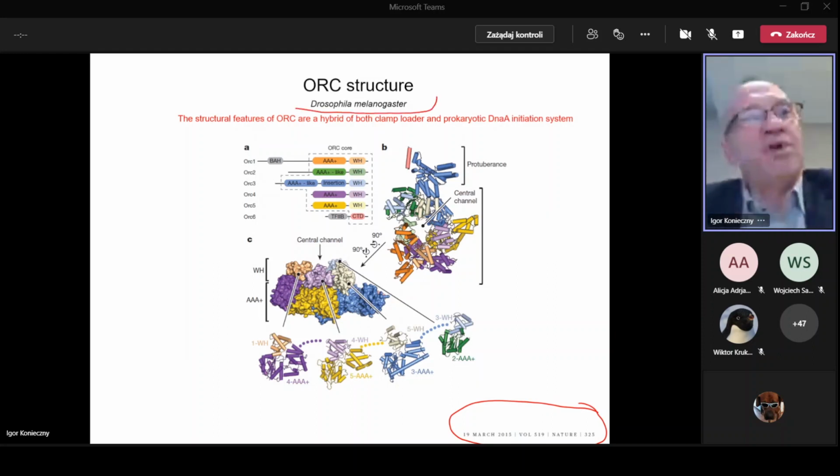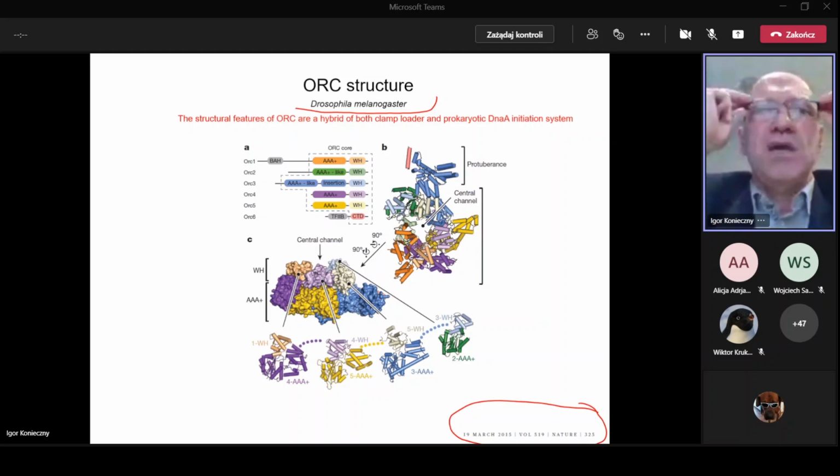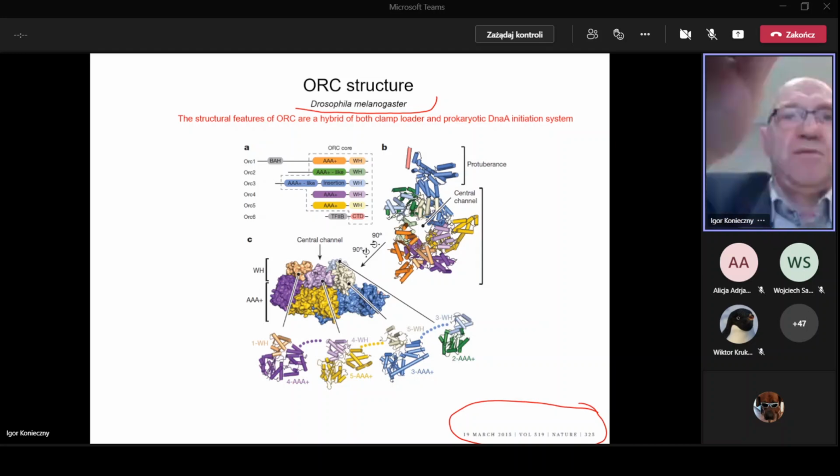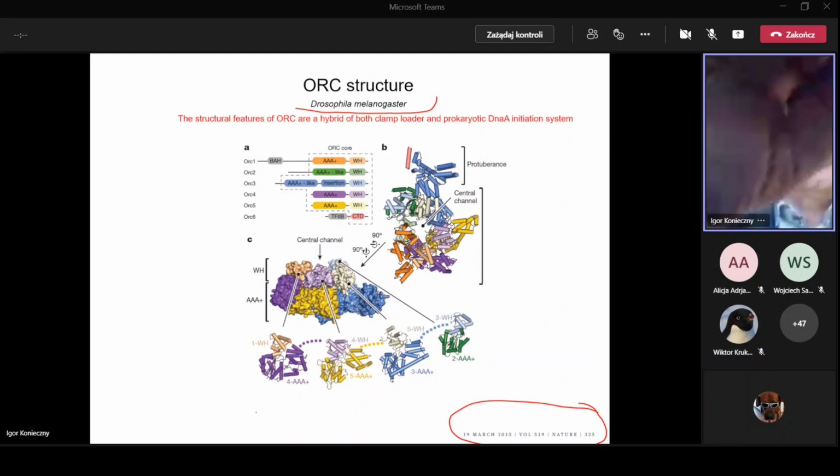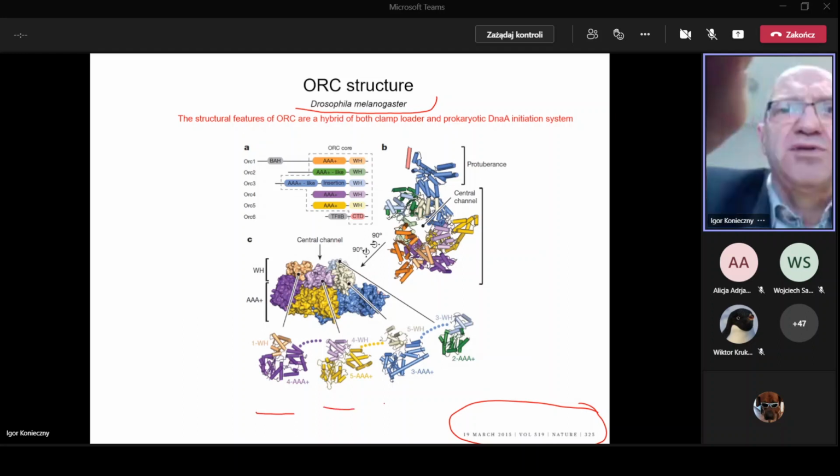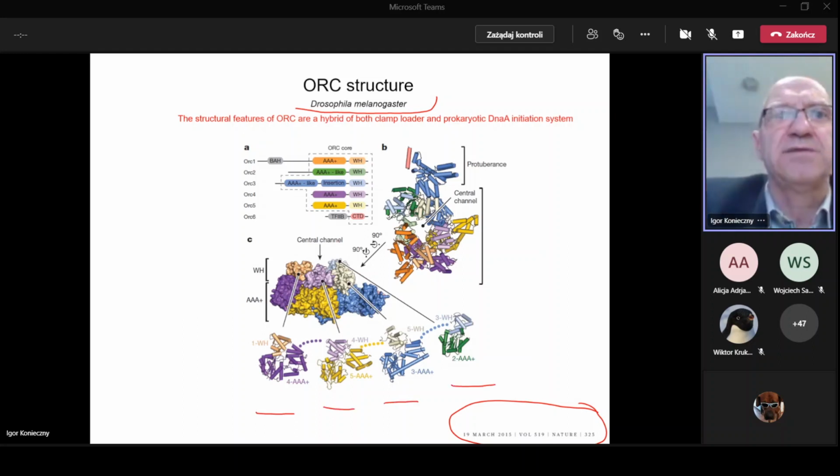All proteins constituting the origin recognition complex, ORC1 through ORC6, were purified, and the complex was assembled. And what you see here are protomers of those proteins.